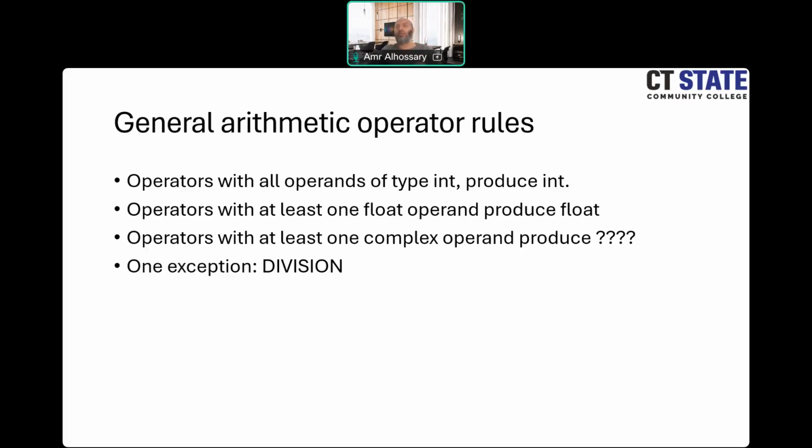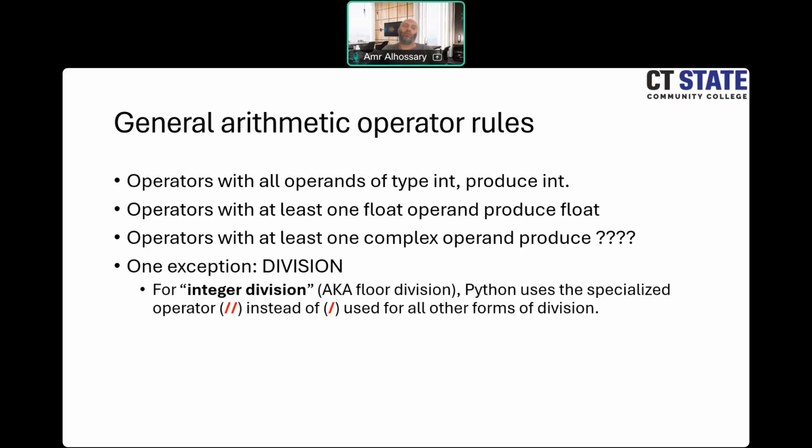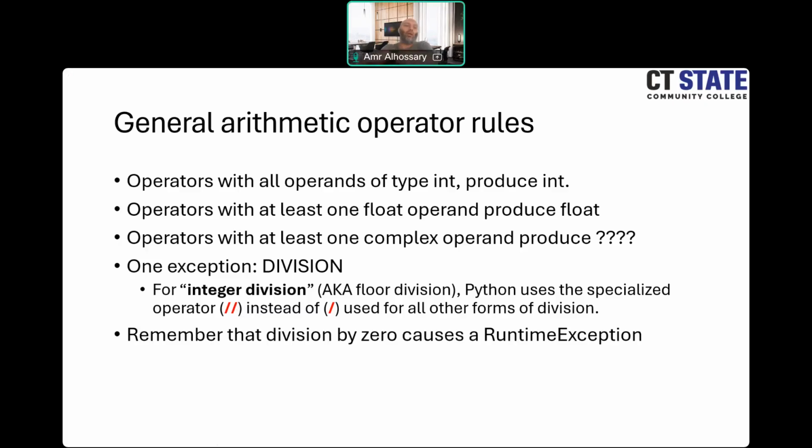You can get these two values using specific operators, slash slash instead of slash. When you divide 5 slash slash 2, it will produce 2 integer, not 2.0 float. Okay? And a very important rule: remember that division by 0 causes a runtime exception. So don't divide anything by 0. Agreed? Okay, let's go to the next topic, which is very simple and straightforward.